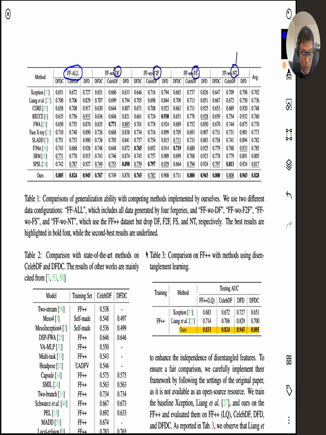These are the four methods, four models used to generate different kinds of fake images. They're training on these five different settings, and for each setting they are evaluating zero-shot scores on these three datasets.